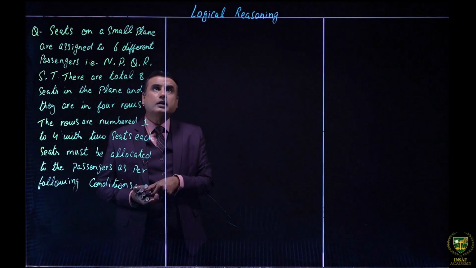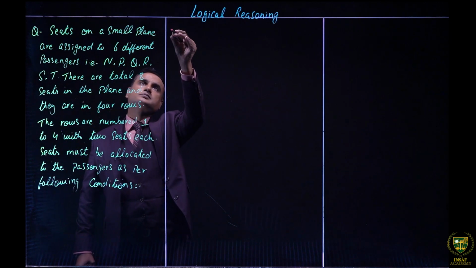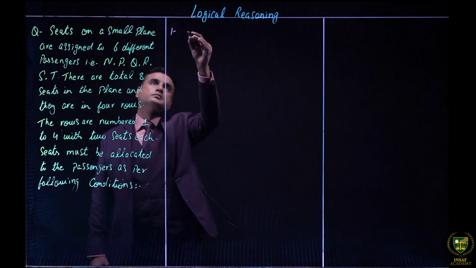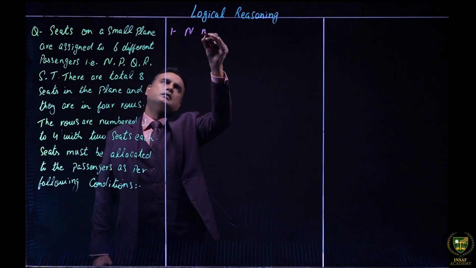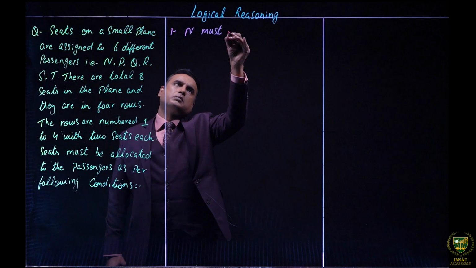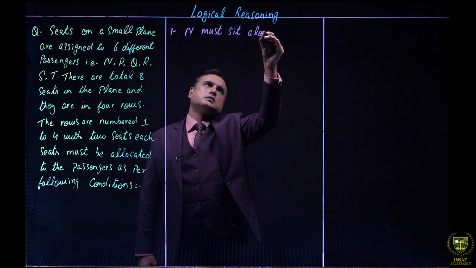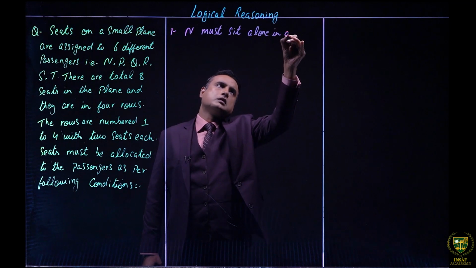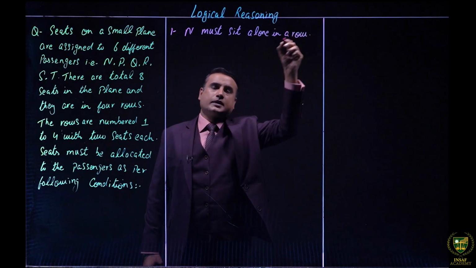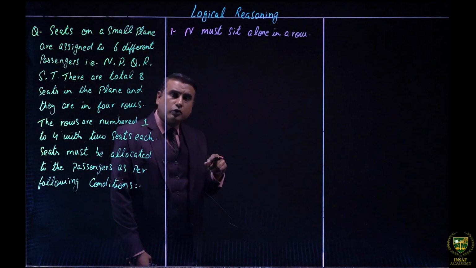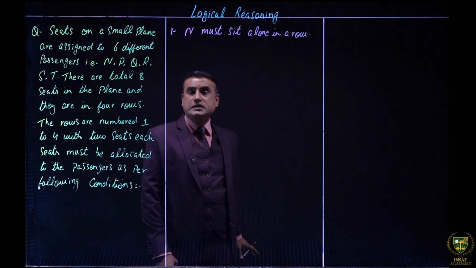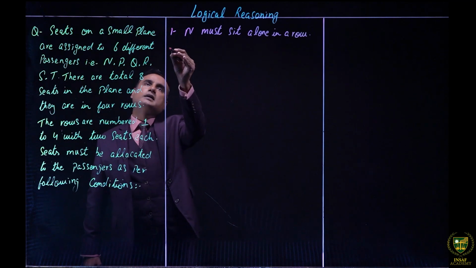Now, what are the conditions? Condition 1 is N must sit alone in a row. That a row must be single-handedly assigned to N.